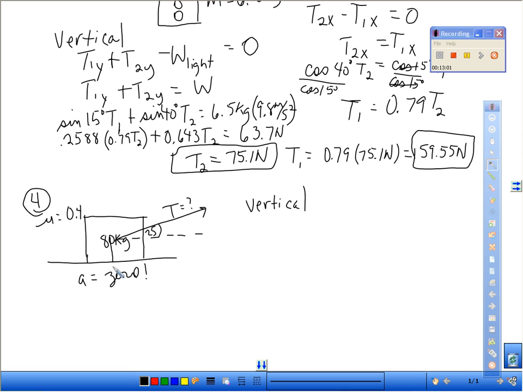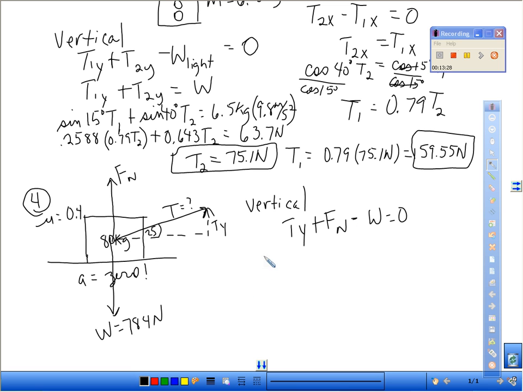We have the weight acting down of the box, so that's 784 newtons. We have the floor pushing back up on the box, so that's our force normal. We don't know what that is. And we have Ty acting upward also. So Ty plus our force normal minus our weight is equal to 0.